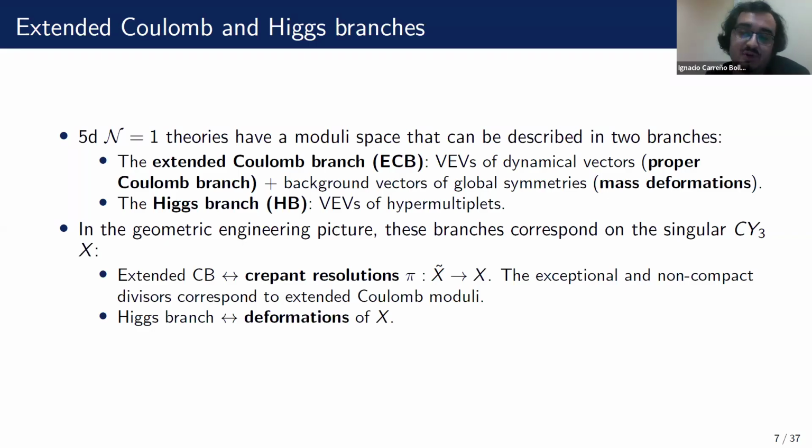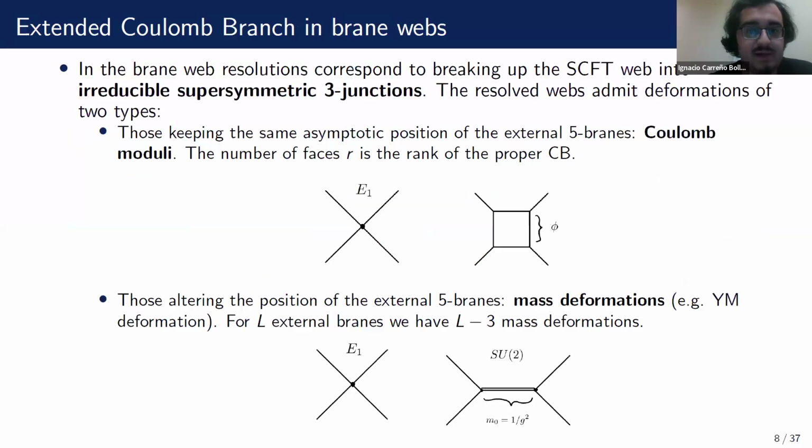Additionally, in this procedure, non-compact divisors appear. The exceptional divisors correspond to Coulomb moduli, and the non-compact divisors correspond to mass deformations. And the Higgs branch will be given by deformations of this singular geometry. They are given by algebraic varieties, so these deformations correspond to just deforming the algebraic equations that define them.